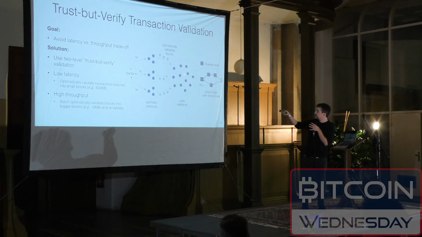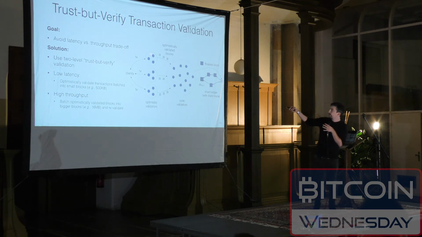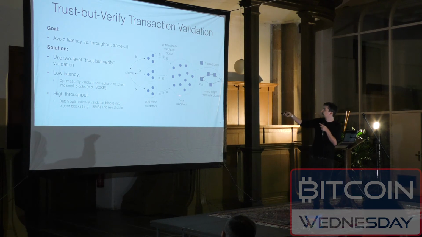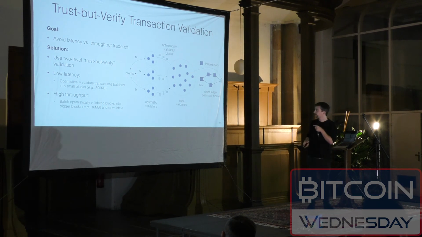who have a much higher security margin, because for an adversary it's of course much easier to corrupt one of these smaller shards here than the big one over there.